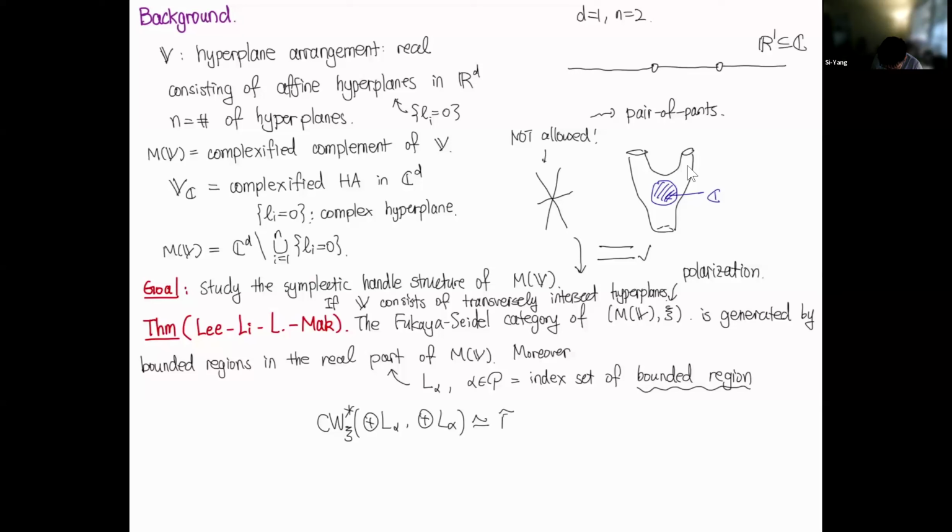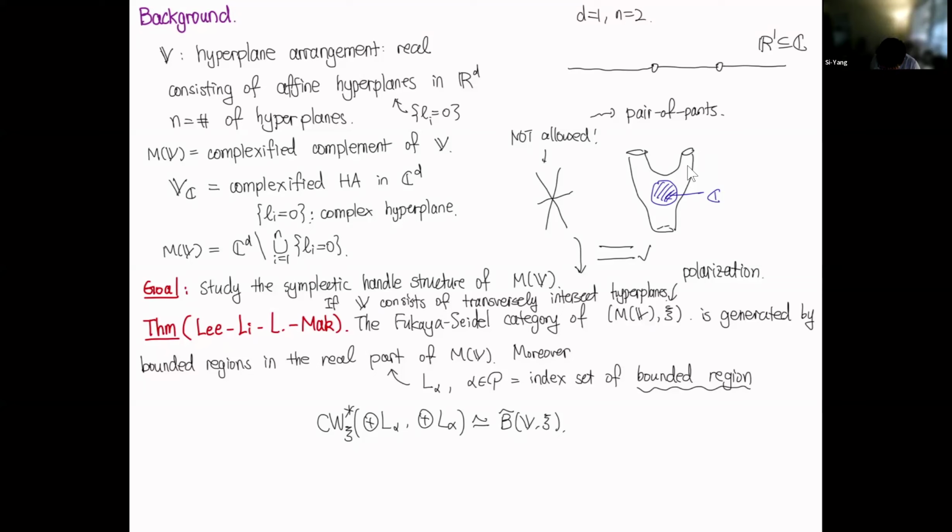And as an algebra, it is equal to something called the B algebra associated to this hyperplane arrangement with polarization to C. This is the statement of our theorem, but we can basically ignore the computation of the Floer cohomology part if no one wants to see how it's computed.